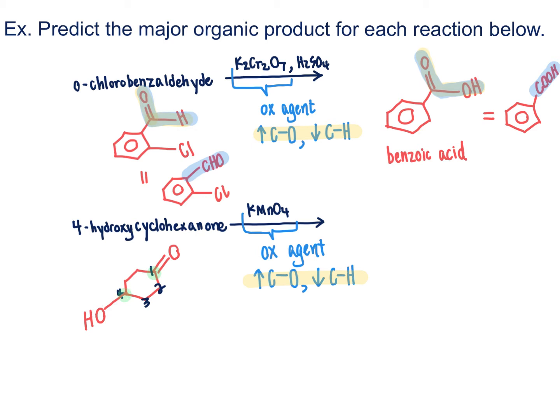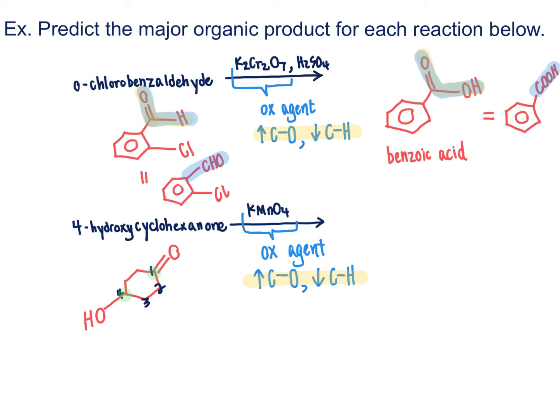Now, in order for either of these carbons to be able to be oxidized, they have to have a hydrogen directly bonded there so that we can get rid of that hydrogen during the reaction and increase the number of bonds between carbon and oxygen. Taking a look at position number 1 here, position number 1 has its 4 covalent bonds taken care of as 2 bonds to oxygen, 1 bond to the carbon over here going toward position number 2, and then the final spot to fill the octet is over here to another carbon atom.